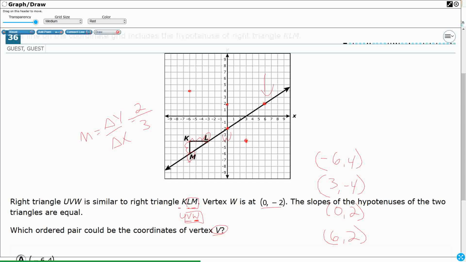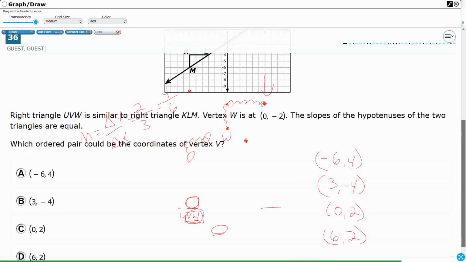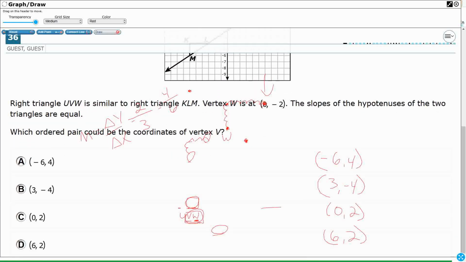Will I keep that 1, 2, 3, 4? So let's see, 1, 2, 3, 4, 5, 6. Look at that, 4, 6. 2/3 equals 4/6. And that is going to work because that reduces down to 2/3. And it is on the line. L and M are on the line, so V and W both need to be on the line.